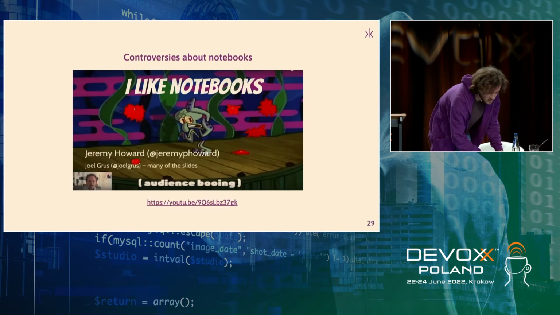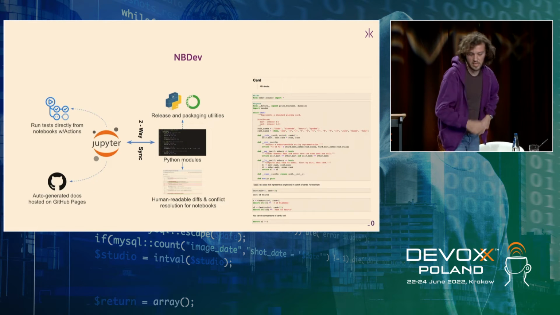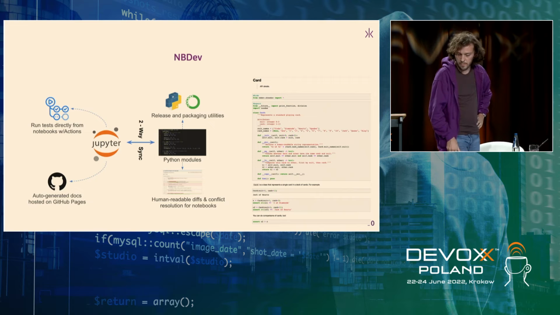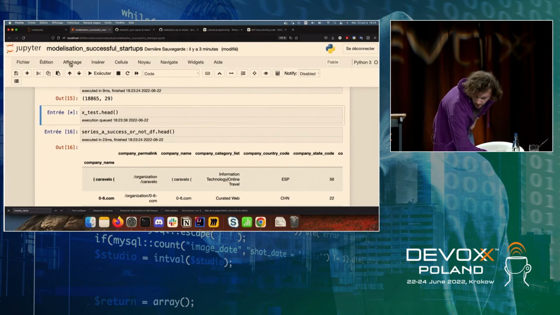So what this guy, Jeremy Howard, is using, he agrees with that a little bit. He's using a software called NBDev, which allows him to bind his notebook with Python files. How does that work?